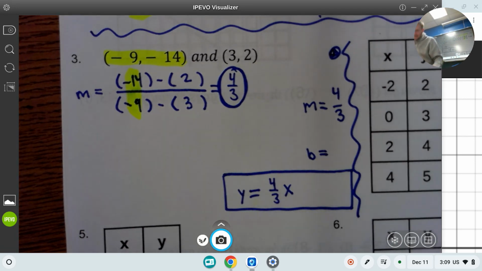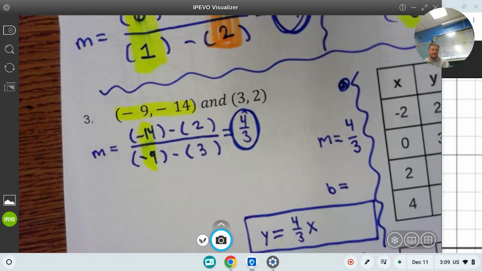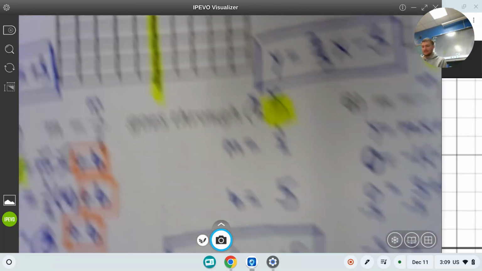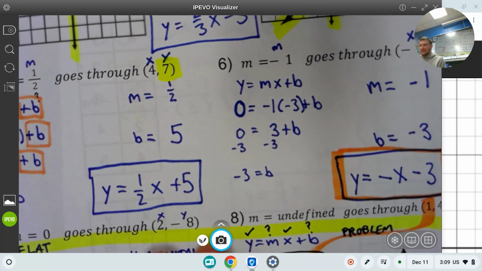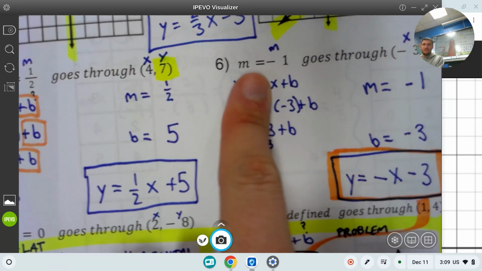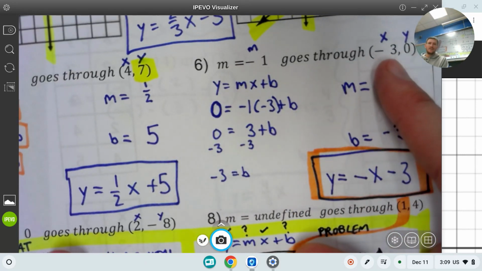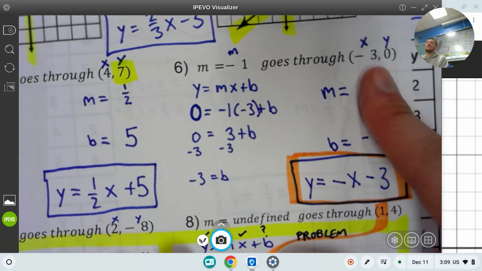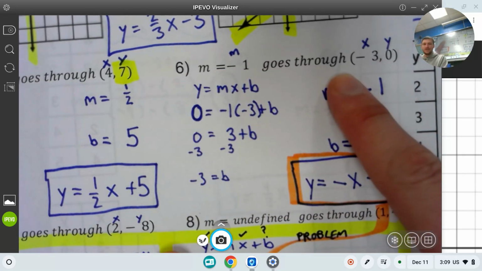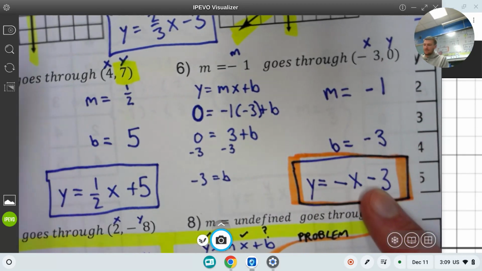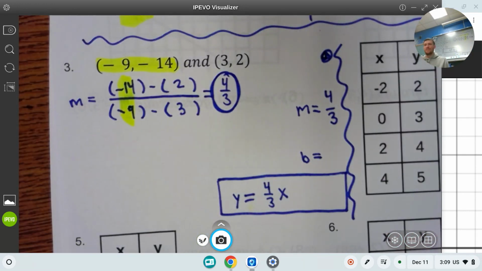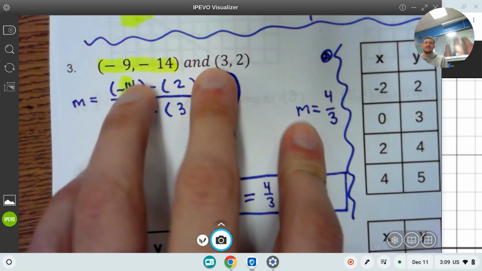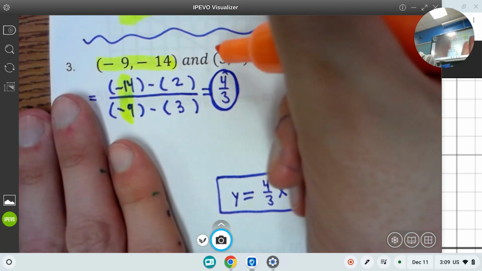Equation. Yes, so if we think about this front side, we have a slope and 1 coordinate. When we have a slope and 1 coordinate, we can solve this question. So if we have a slope and 2 coordinates, we can certainly solve this question.